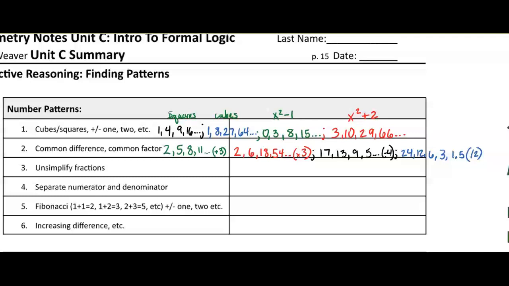All right, then we have the strategy of unsimplifying fractions. So I gave an example. What if we started with 1/24? They give us 1/24, 1/12, 1/6, 1/3, 2/3, and we're trying to find the next number.